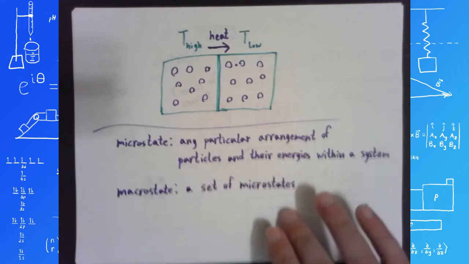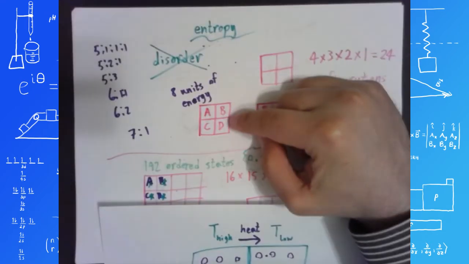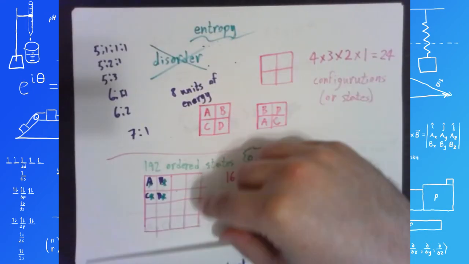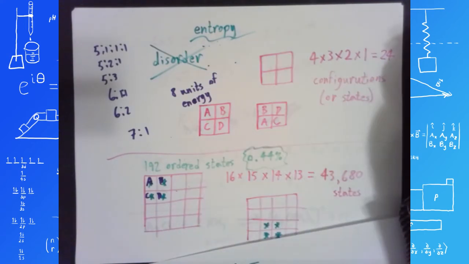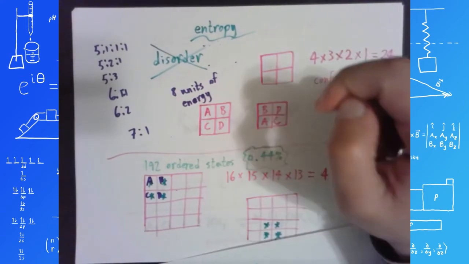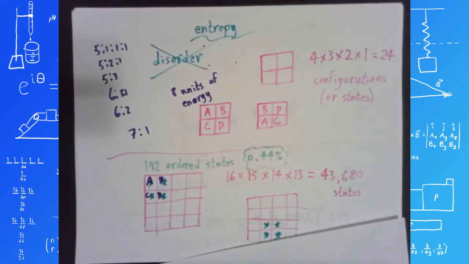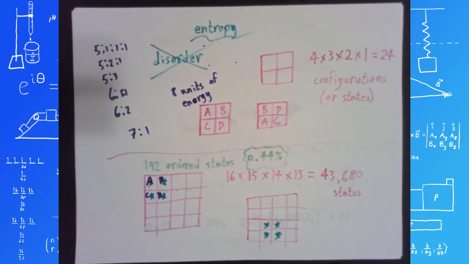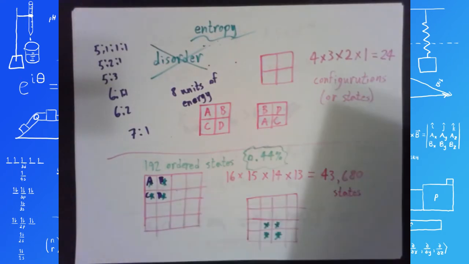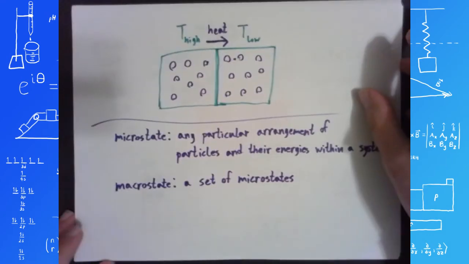So, for example, whether you're in a 2x2 grid or whether you're in a 4x4 grid, those are two different macrostates. Being in a 2x2 grid is one macrostate, being in a 4x4 grid is a different macrostate.